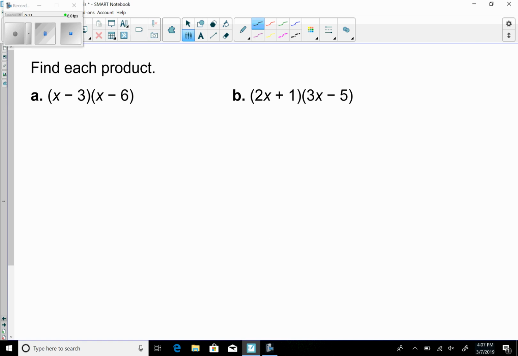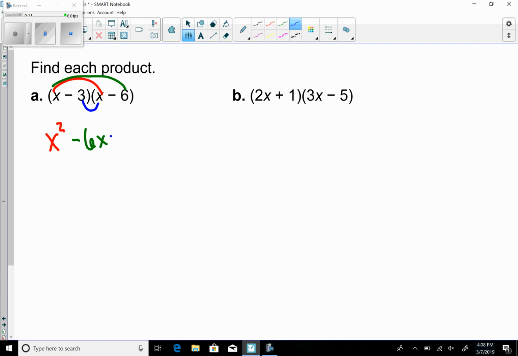Big thing with these examples, you guys, is they do a little bit more. This one has 2 negatives with it, and this one has 2 coefficients that are numbers instead of just a leading coefficient of 1. So just be aware of those couple of pieces. If we do the FOIL method, that turns into x squared. We go to the outside, so that's negative 6x.